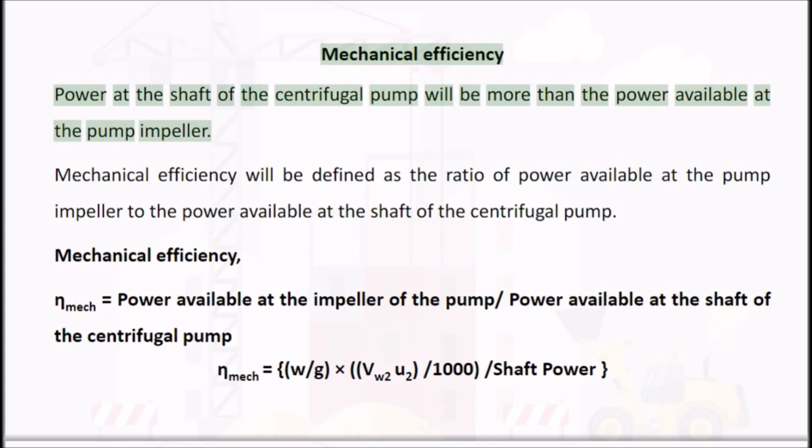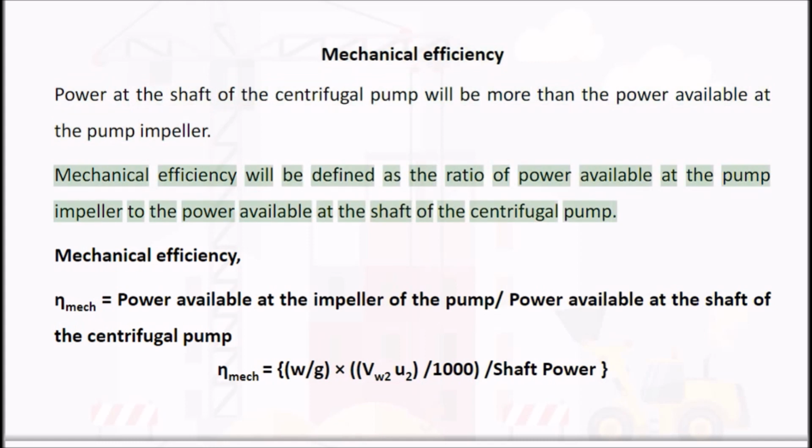Mechanical efficiency. Power at the shaft of the centrifugal pump will be more than the power available at the pump impeller. Mechanical efficiency will be defined as the ratio of power available at the pump impeller to the power available at the shaft of the centrifugal pump.